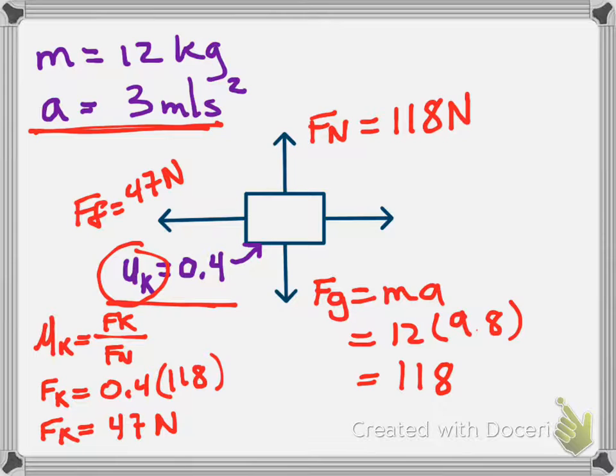Now, this situation is a little bit different because we got our frictional force, but we do not have a constant velocity because we have an acceleration rate. So we need to figure out our F net, the force that is going to cause an acceleration, and then also add our frictional force to it to figure out our overall applied force.